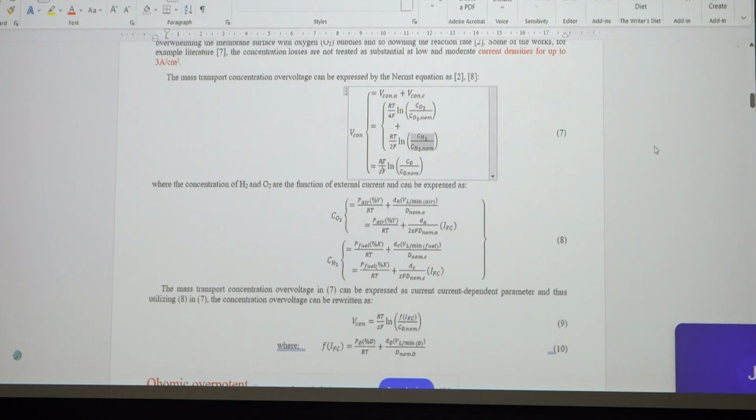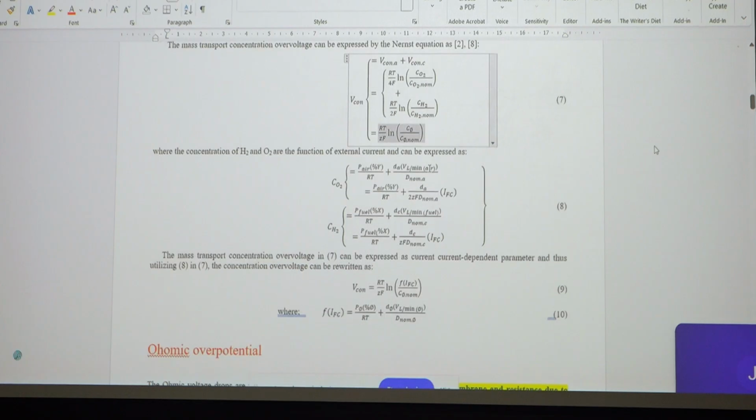Similarly, combined, we can write these two sections in one equation this way. So the concentrations of oxygen and hydrogen can be written in a broad sense here. We can see that the concentrations of hydrogen or oxygen both depend on the current going through the external circuit from the fuel cell. So if we relate these two equations, we can say the concentration overpotential depends on the current moving towards the external circuit from the electrolyzer.